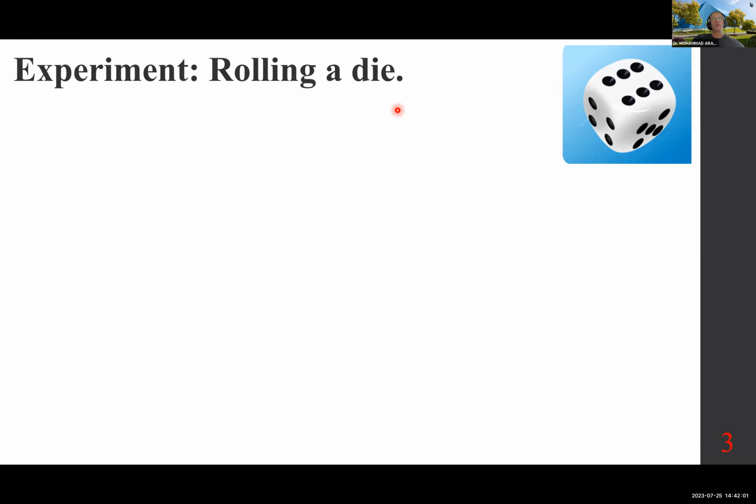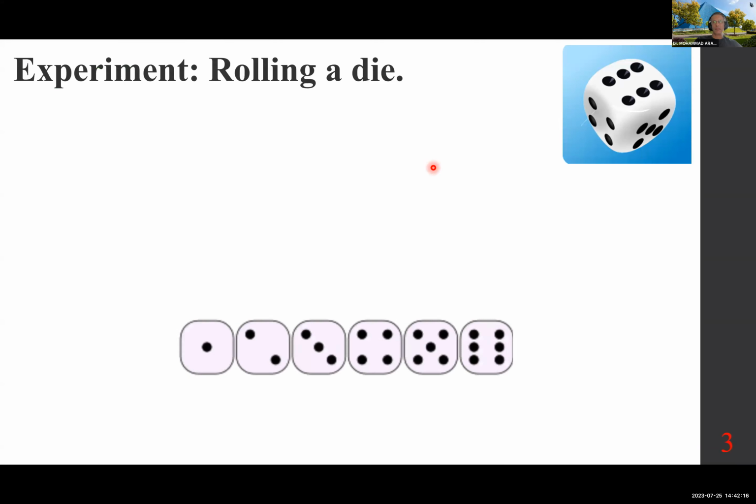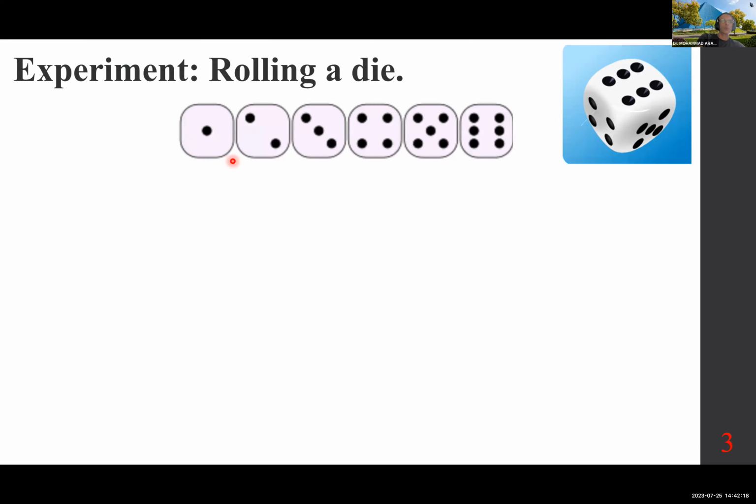Here's an experiment we can look at. Rolling a die. All right, so a regular die is 6-sided with numbers 1, 2, 3, 4, 5, 6 that you can find on each side.